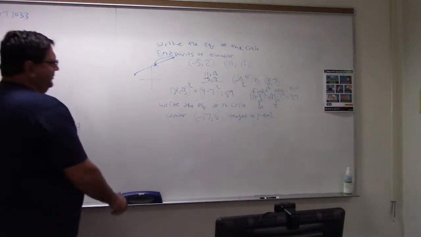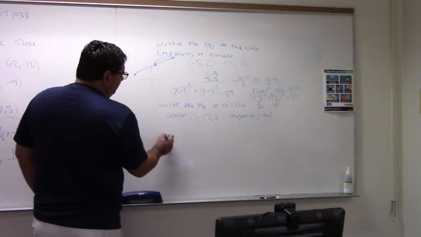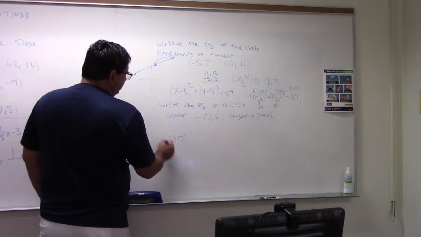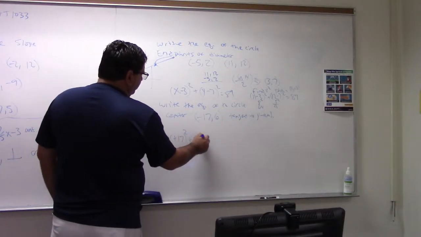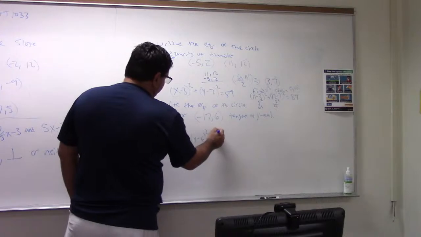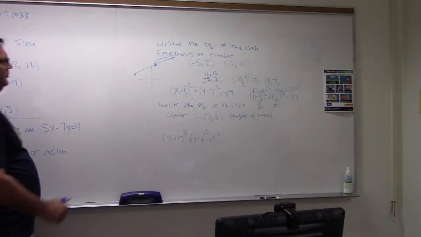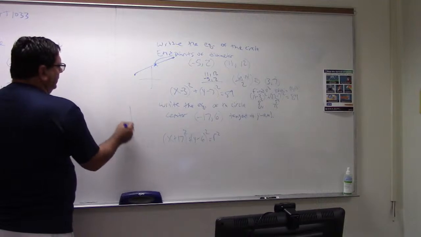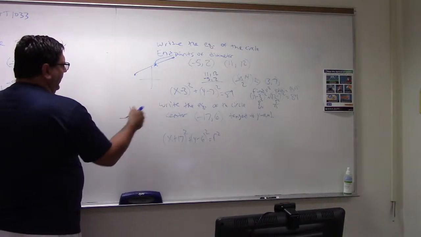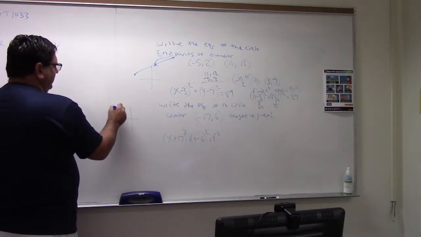All right. And same thing with this, right? A lot of people can get to x plus 17 squared plus y minus 6 squared, but then they're still stuck with what the heck's the radius. So what we know is negative 17, 6 is here.